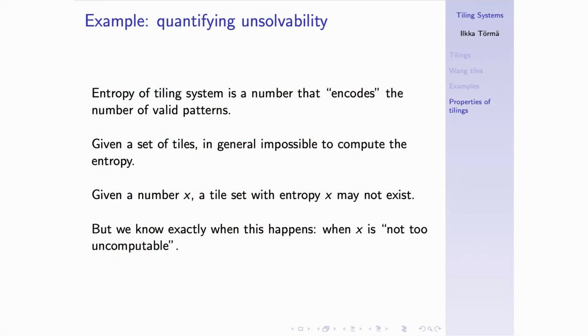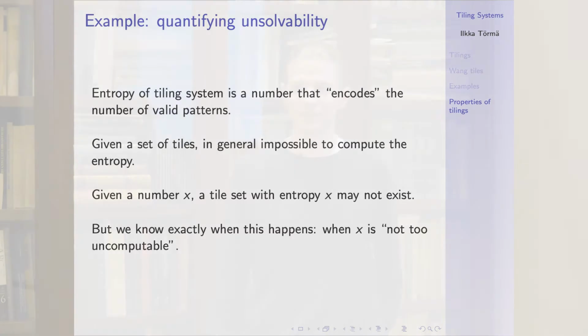So if your number is not too uncomputable, then you can construct a tiling system which has this number as its entropy. So we know exactly which numbers appear as entropies of tiling systems. So you cannot get the entropy of a tiling system, but you know when you can get a tiling system from an entropy.